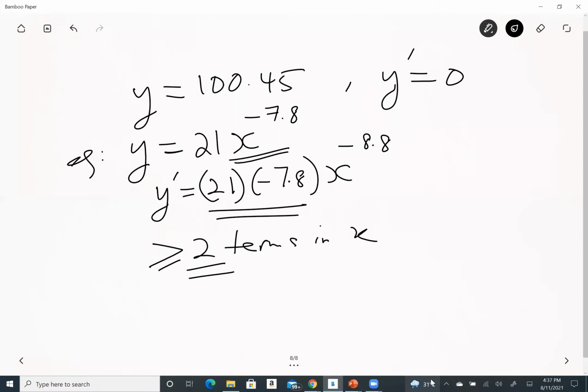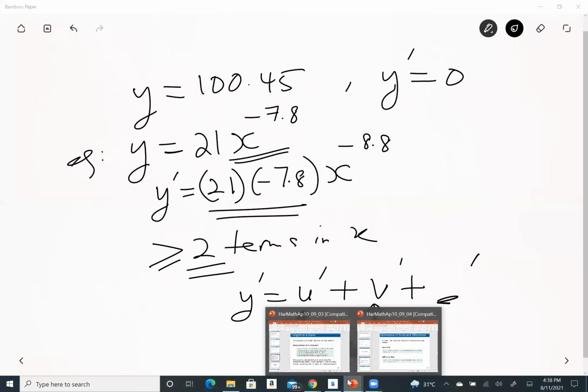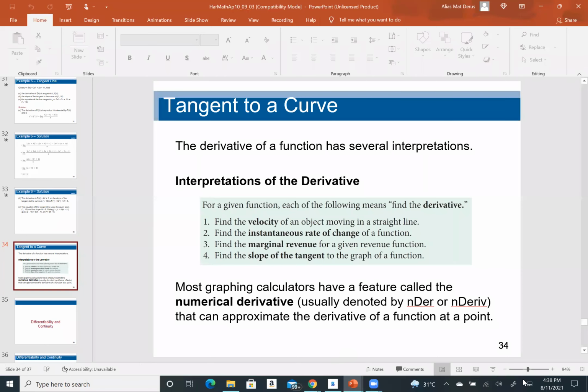You take the derivative of the first plus the derivative of the second, and if there is another term, you just add the other derivative, whatever it is. That is what we call the sum rule. You focus on each term at a time, differentiate it, and then add them up. Any question? Okay, good. Let's go on.